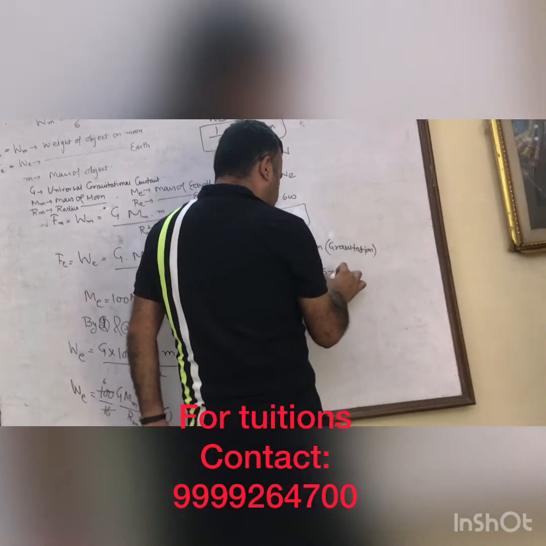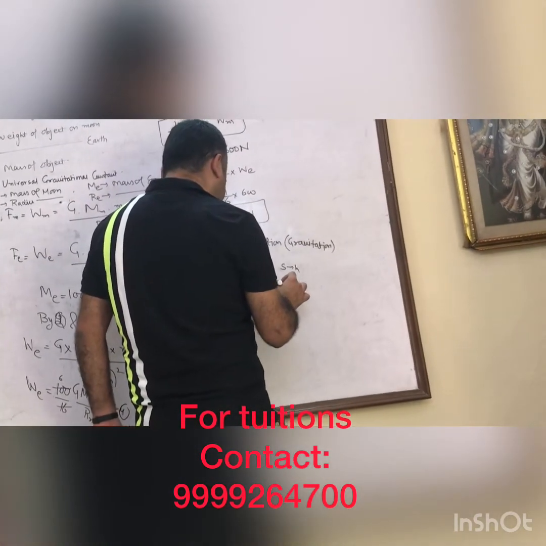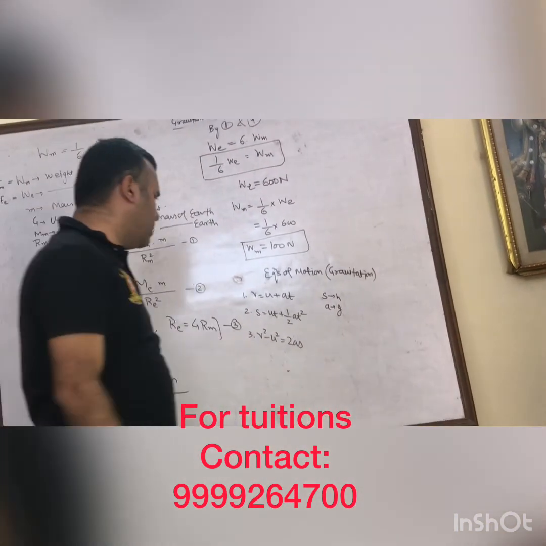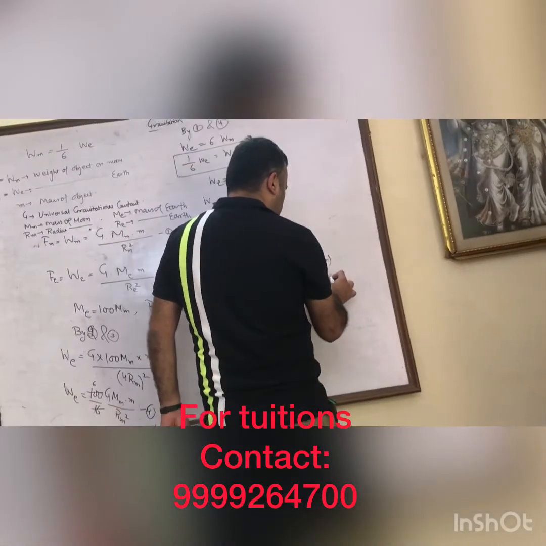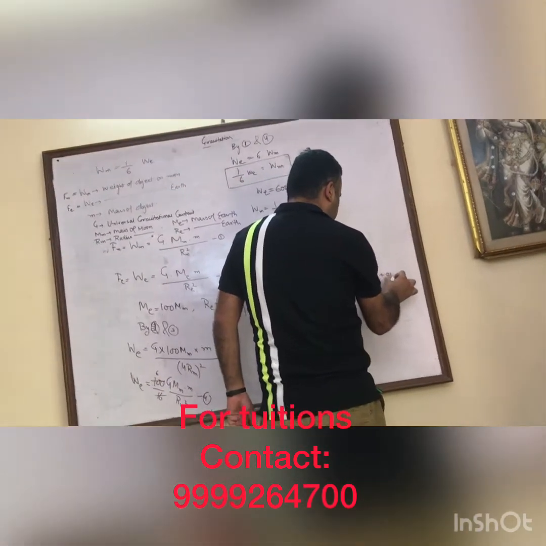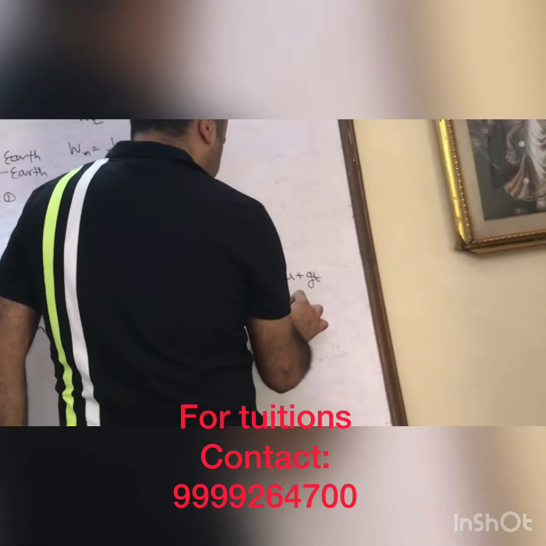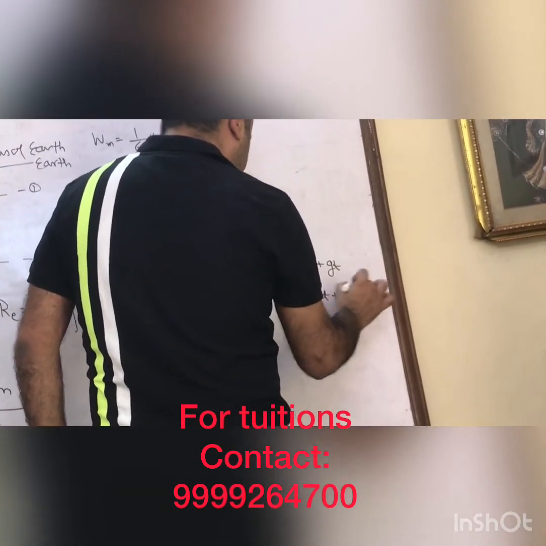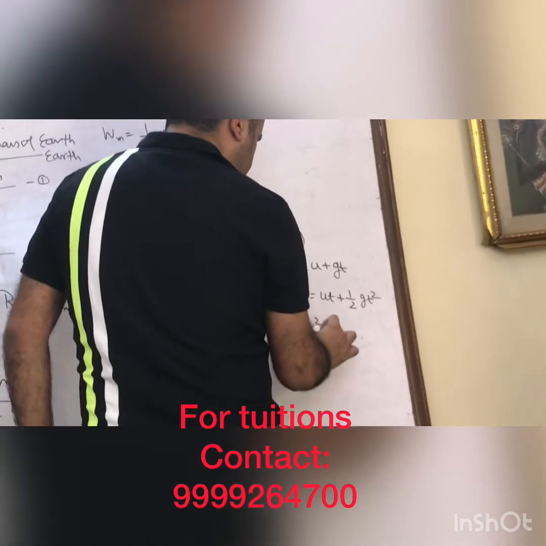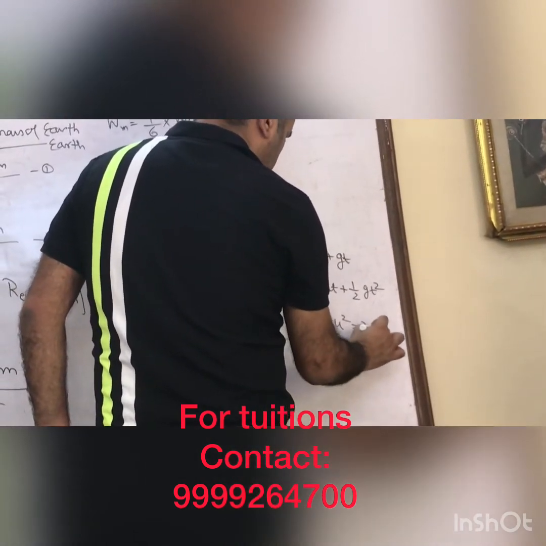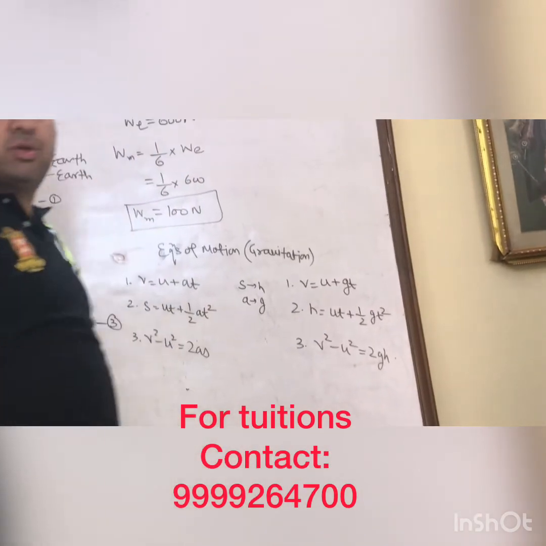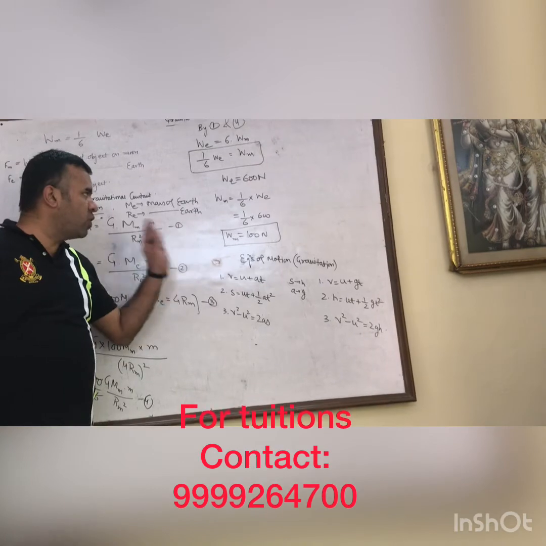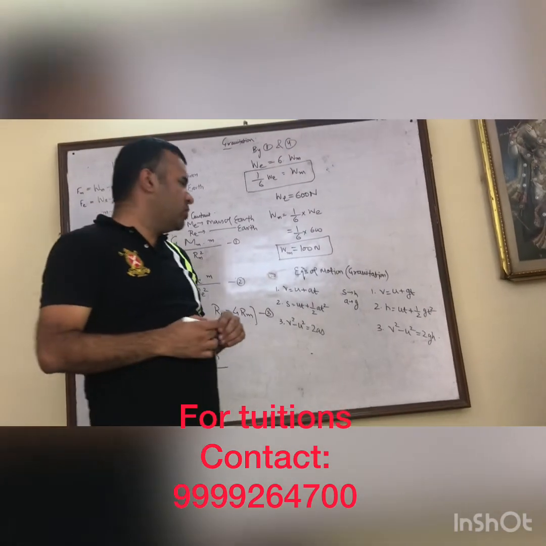Here your small s will be replaced by h, and small a, acceleration, will be replaced by acceleration due to gravity. So these three equations would get changed to v is equal to u plus gt, h equal to ut plus half gt square, and v square minus u square is equal to 2gh. Okay, next thing, we will do numericals based on all this in our next videos.